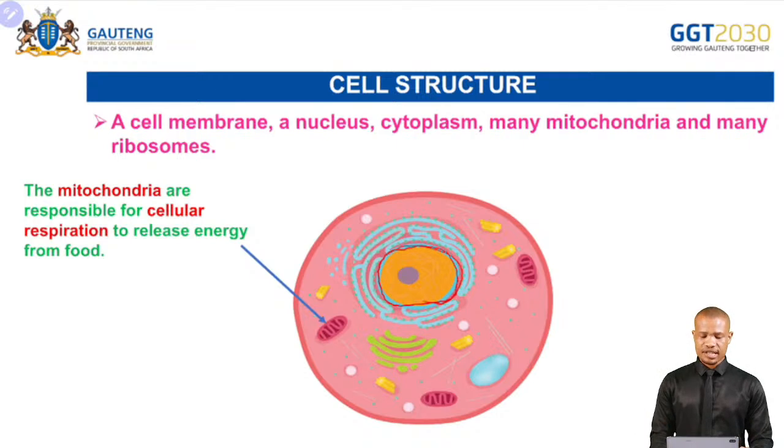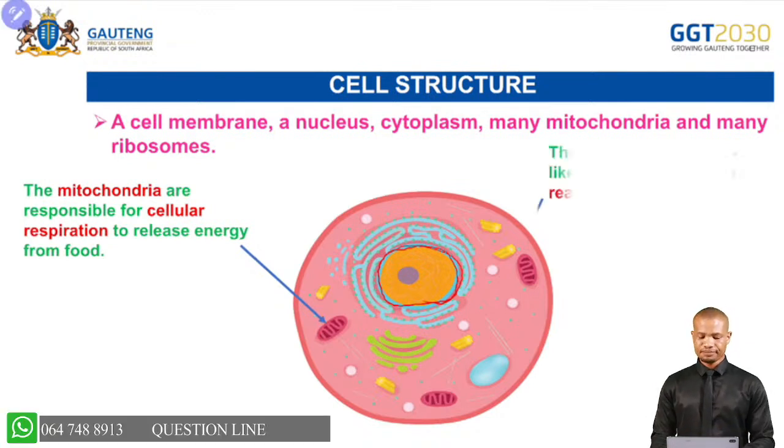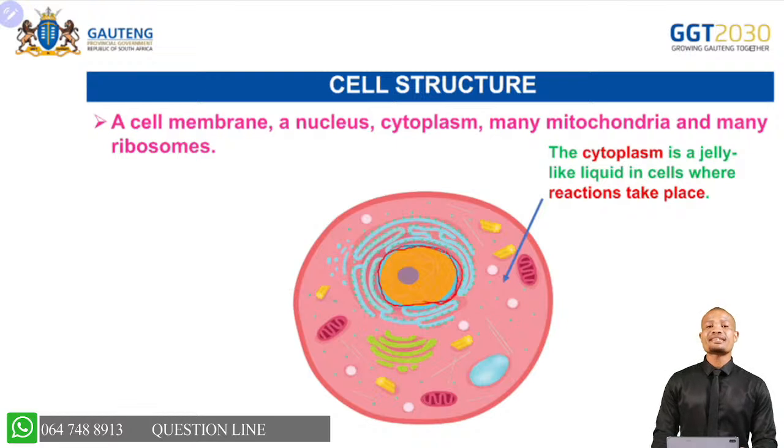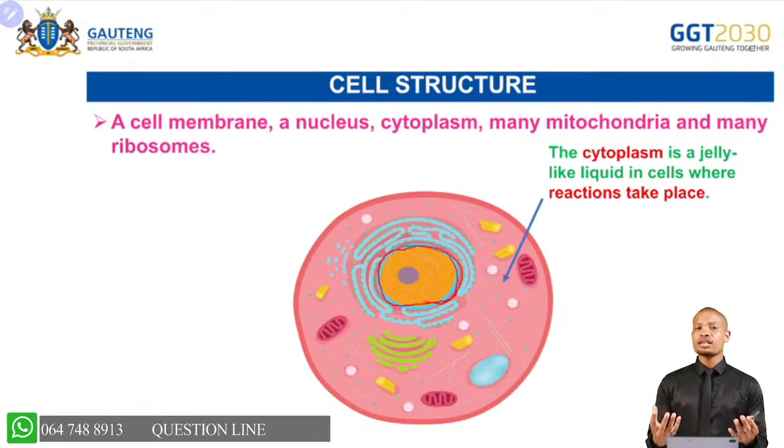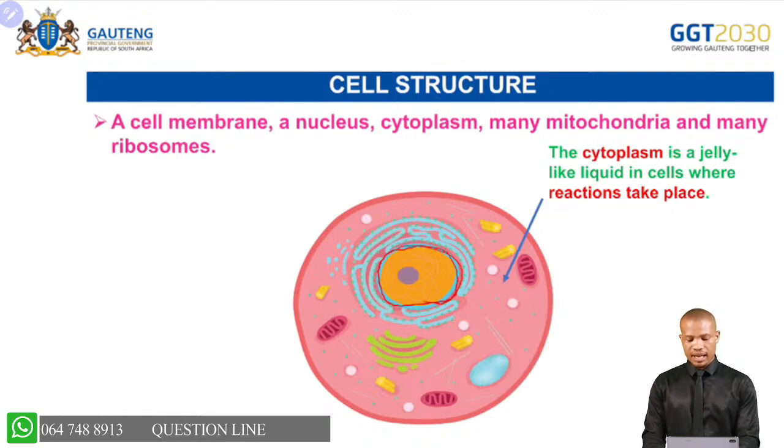This is where cellular respiration takes place, and cellular respiration releases energy from food. Okay. The next one is going to be the cytoplasm. This is the jelly-like fluid which holds the organelles of the cell together, and this is where chemical reactions take place in the cytoplasm.